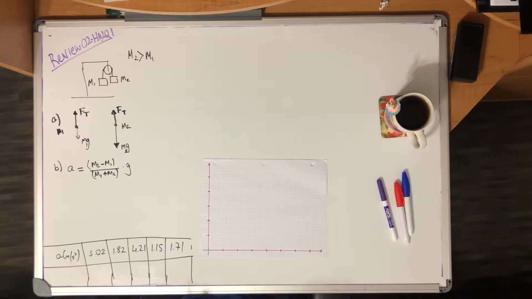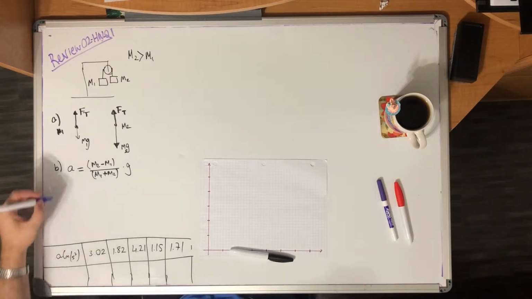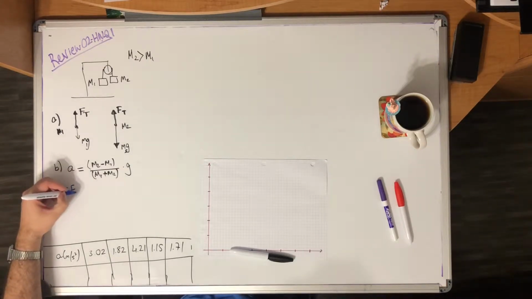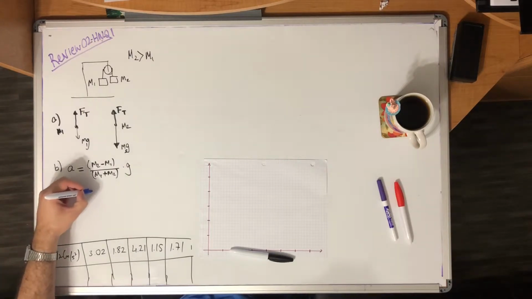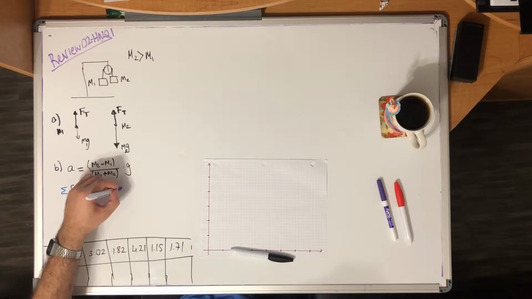Well, once we are solving this question, we can simply use our system idea. So this is basically two objects moving together. So total force that moves the system is going to be equal to mass of the system and a of the system.